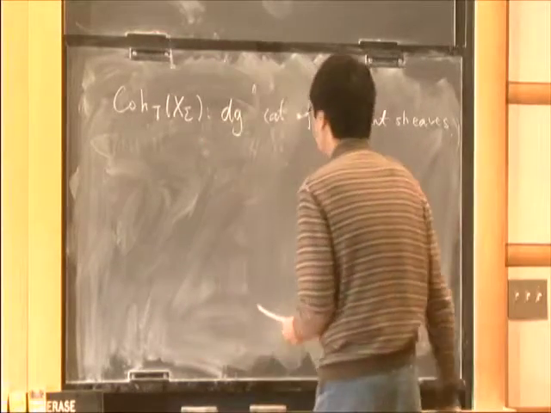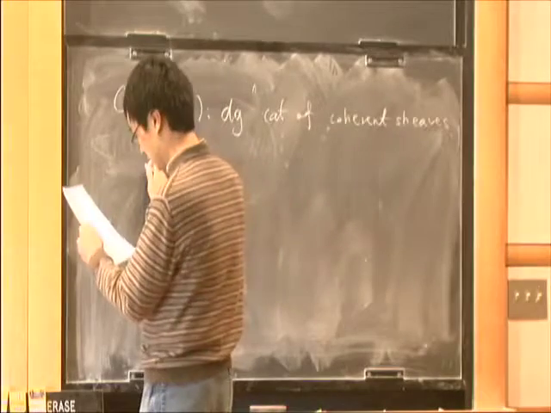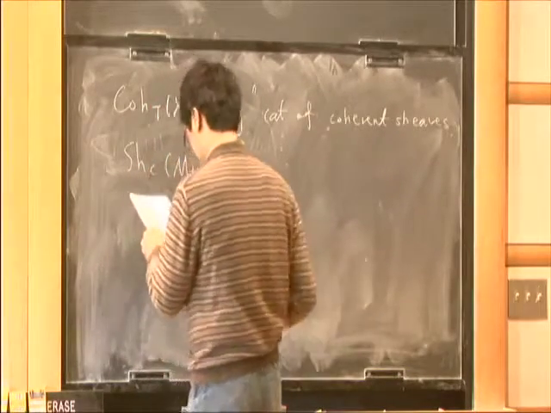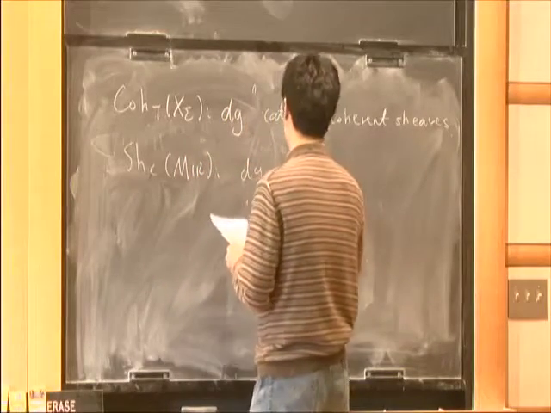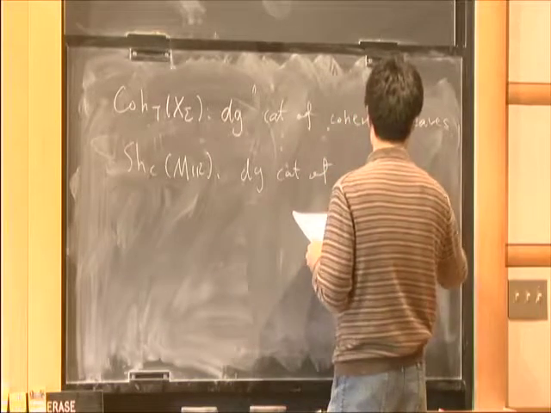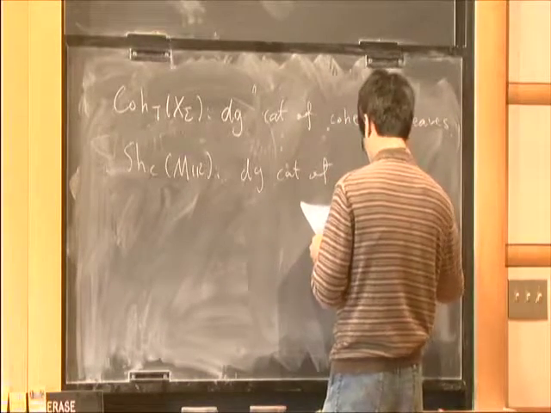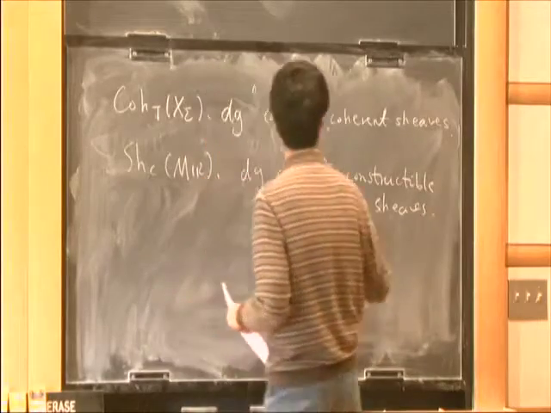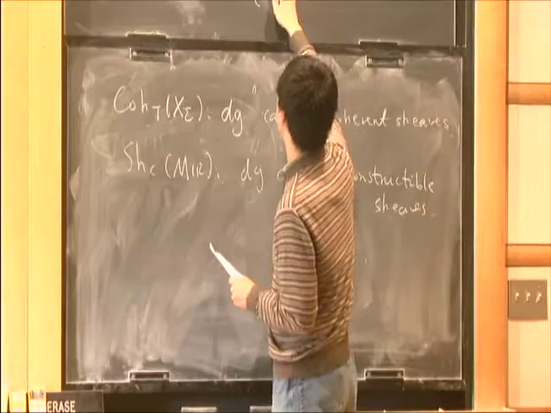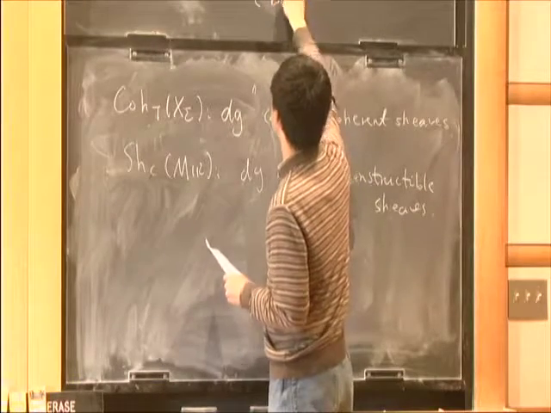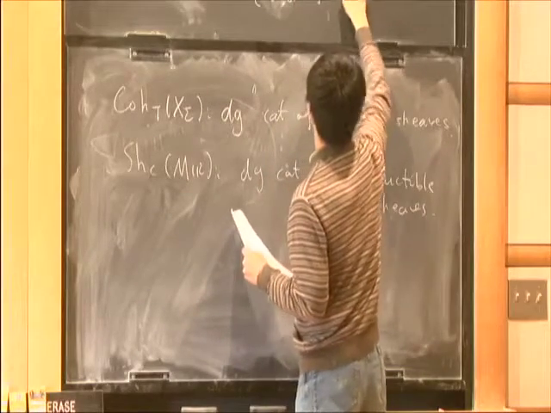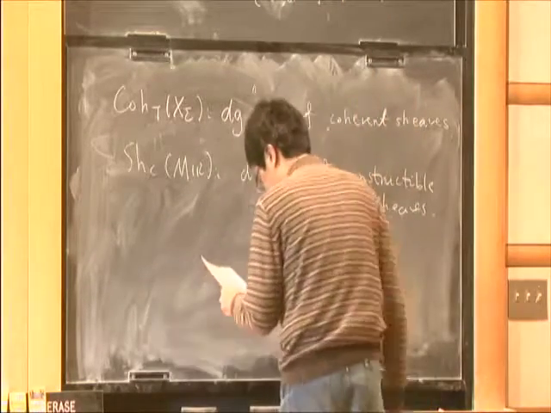So this DG category of coherent sheaves, and this DG category of constructible sheaves, over the base field.